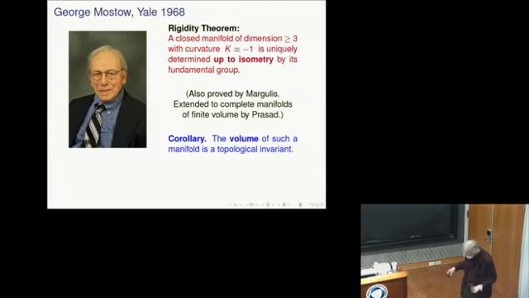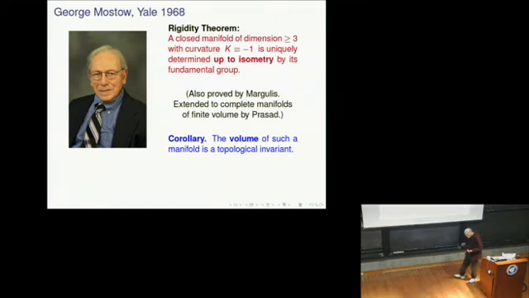It determines the eigenvalues of the Laplacian, lengths of closed geodesics, any geometric invariant you can think of. But the volume is especially convenient because it's just a single positive real number. It has nice properties under covering spaces. For example, if you take an n-fold covering of the manifold, then the volume just gets multiplied by n.